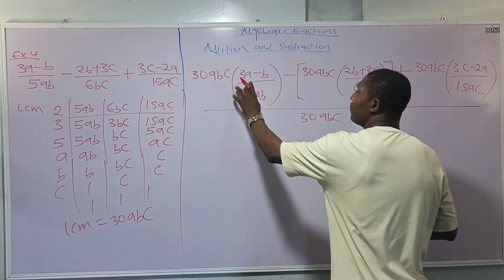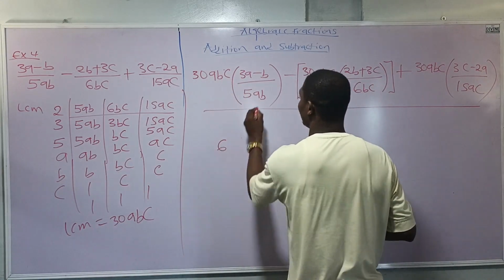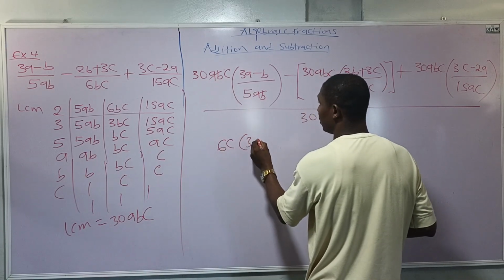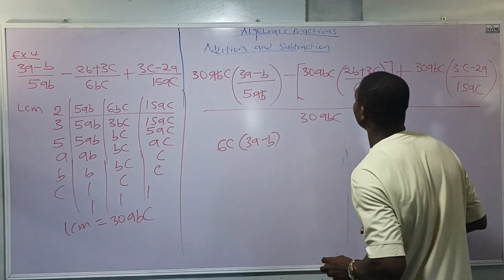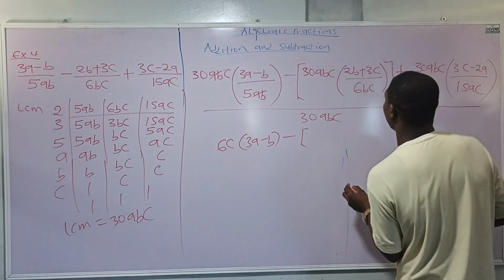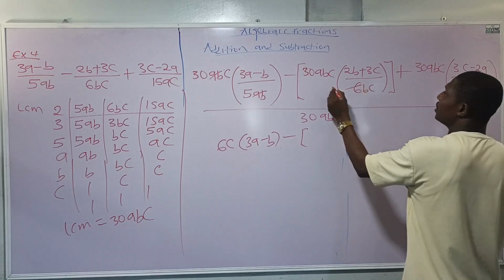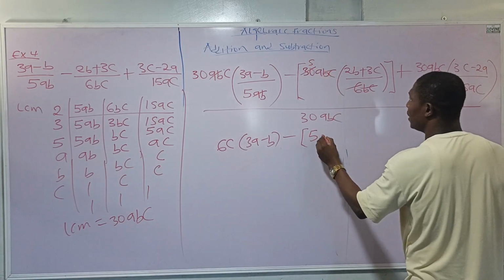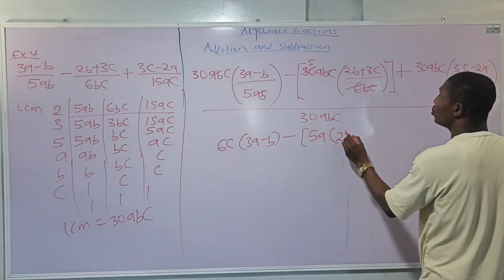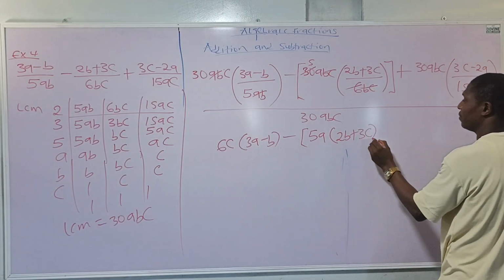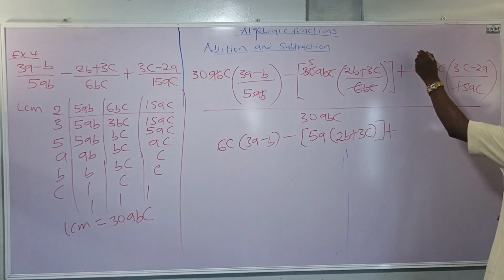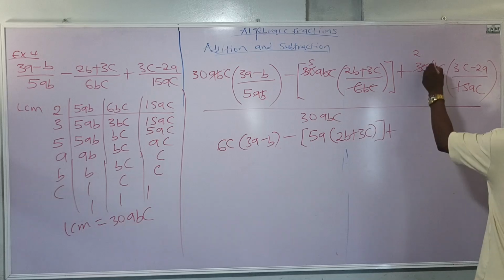So yeah, 5 into 30 will give you 6. ab we cancel ab, so we have 6c in brackets 3a minus b. Minus in square brackets, 6 into 30 is 5. bc we cancel bc, so I have 5a in brackets 2b plus 3c, plus 15 into 30 is 2, and a and c we cancel.